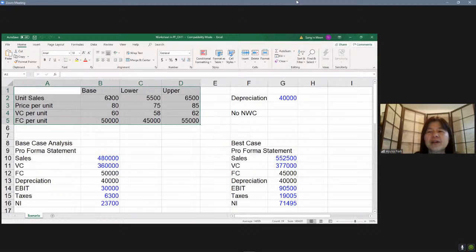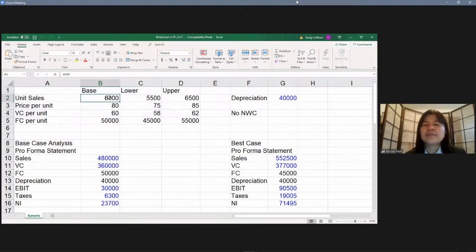So the company currently estimates that 6,000 units will be sold per year. So that's the base case estimate. But if the economy, for example, recovered quickly from the COVID-19 pandemic, the sales quantity may increase to 6,500.